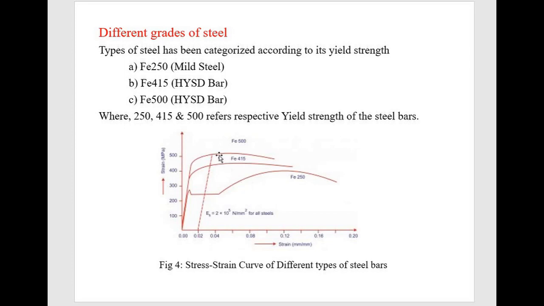Comparing these two, this shows how much stress it will take. By looking at the graph we can find out. Here in the Fe 250 curve, this is the maximum yield strength.